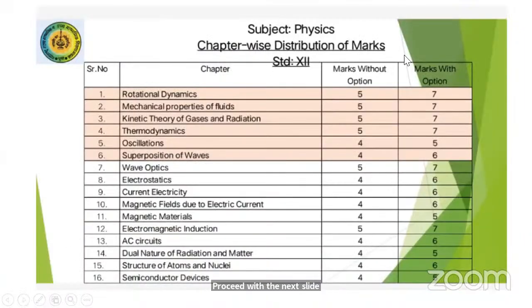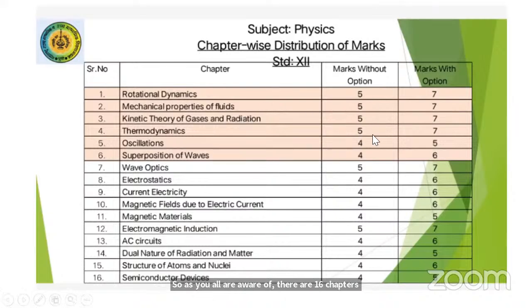I presume that all of you have at least gone through the physics textbook, so you are aware of the content of your 12th standard physics syllabus. Here is a slide which will give you the marks weightage allotted to each chapter. There are 16 chapters included in your syllabus.